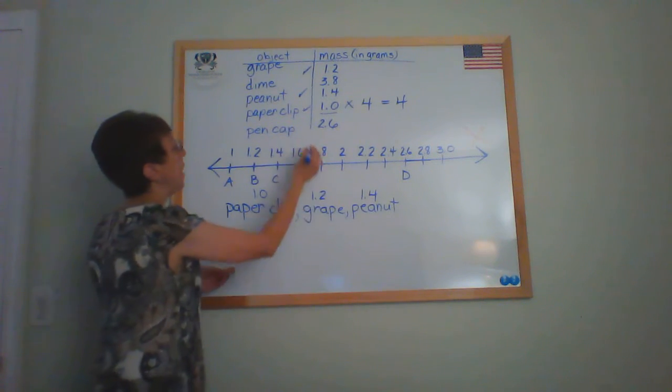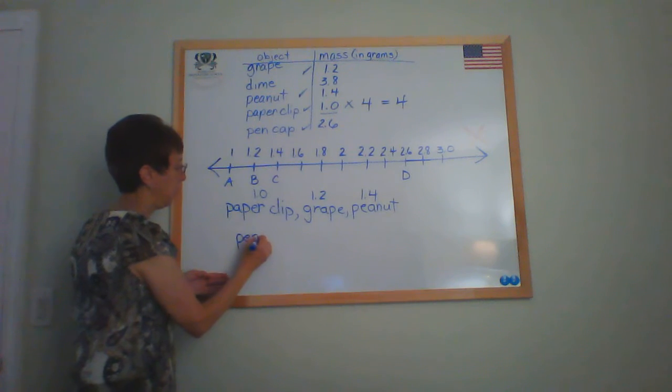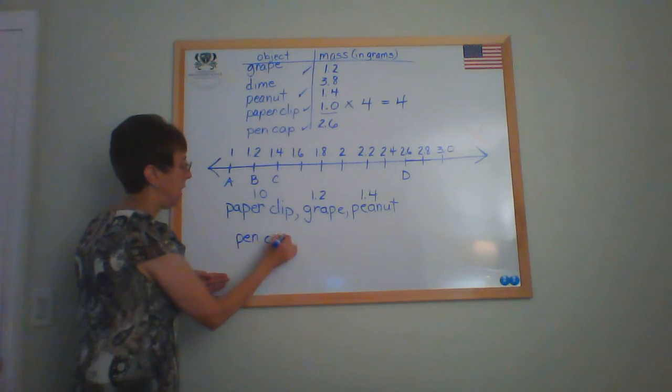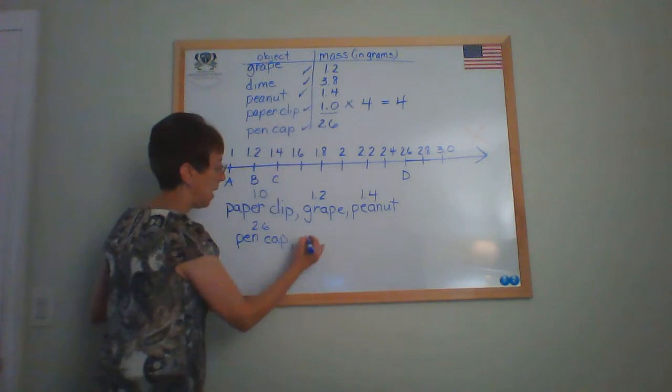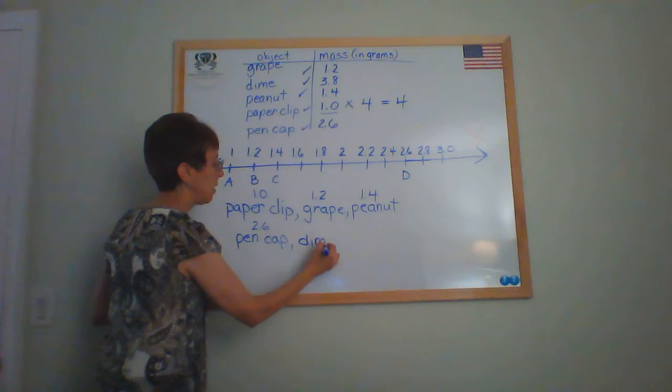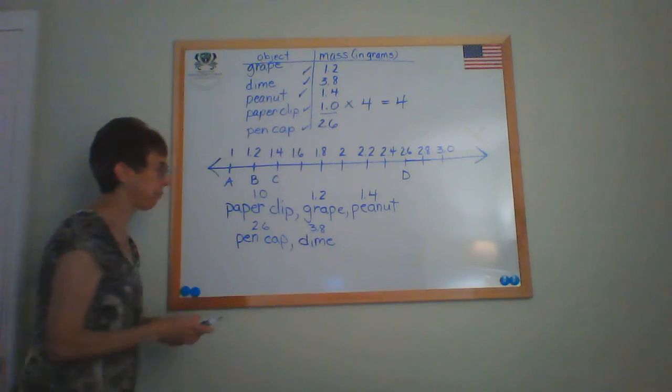Then after that would be the pen cap, which is 2 and 6 tenths. And then last would be the dime, which is 3 and 8 tenths.